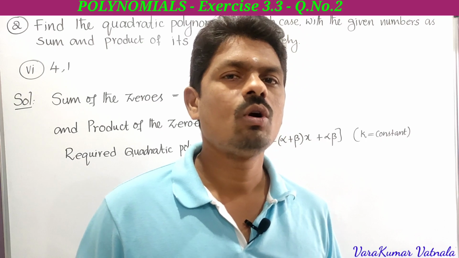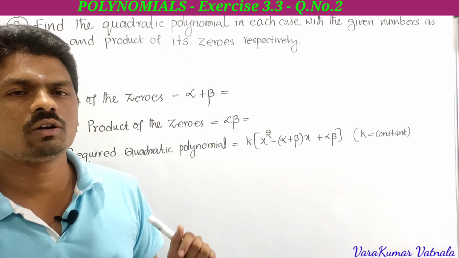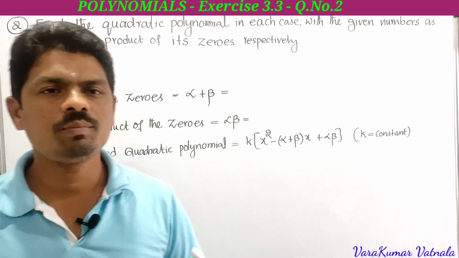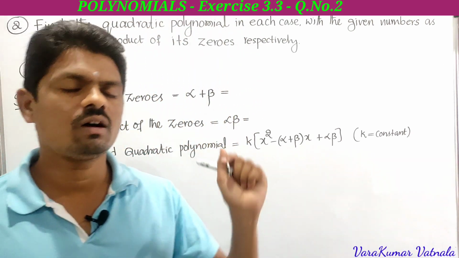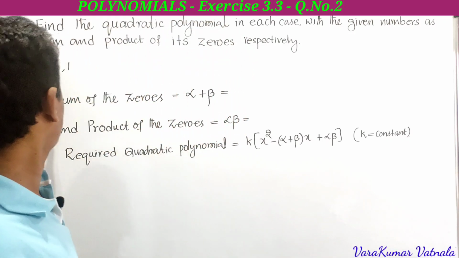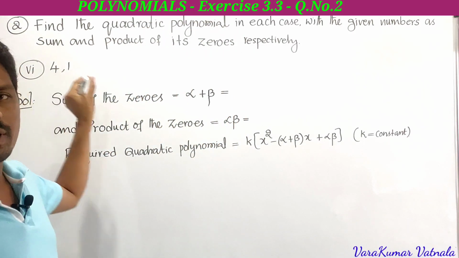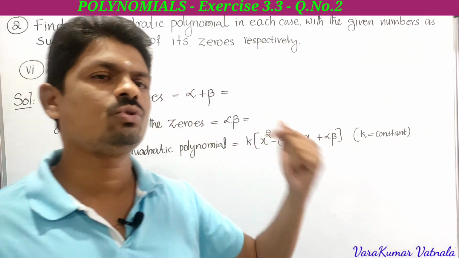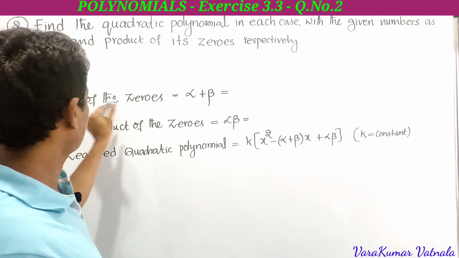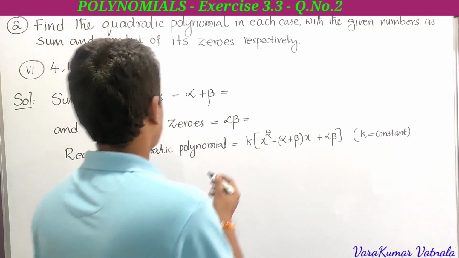So we have the quadratic polynomial equal to k into x square minus (alpha plus beta) into x plus alpha into beta. So that is the formula. He has given alpha plus beta is 4 and alpha into beta is 1. Simply you have to substitute in the formula to get the quadratic polynomial. So here the sum of the zeros, alpha plus beta, is 4.